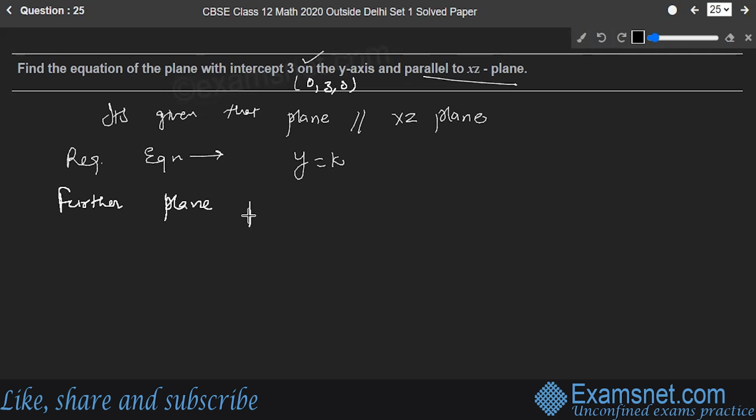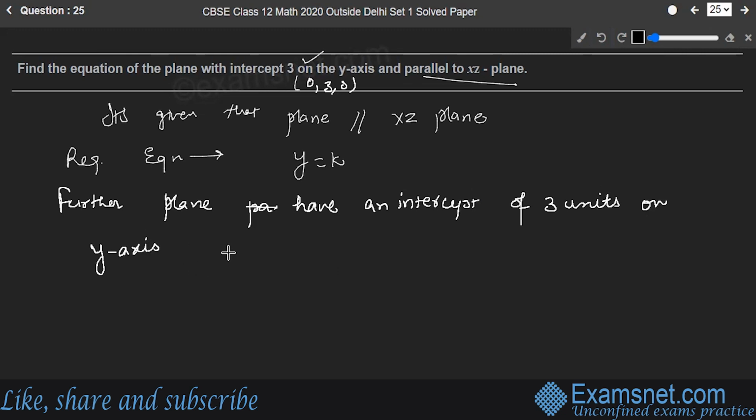Further, the plane has an intercept of 3 units on the y-axis, right?